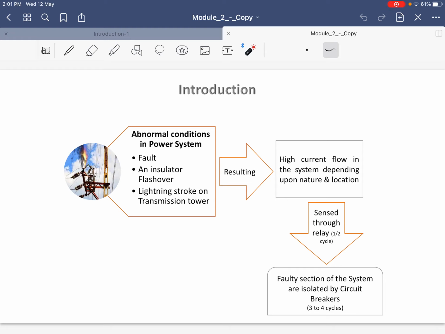Because of this abnormality, what happens? There is a rise in the current in the system, or high current will flow in the system depending upon the nature and the location. This is very, very important.